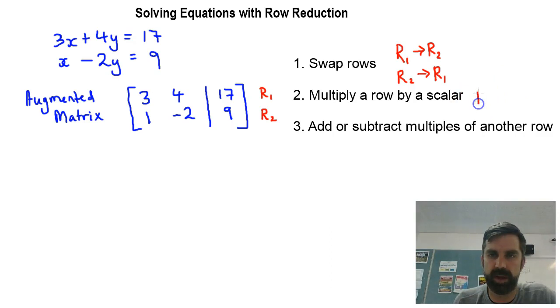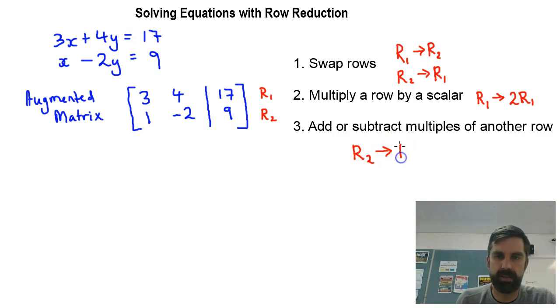If we wanted to multiply row 1 by a value, we would write row 1 becomes, let's say, 2 row 1, and then we would change row 1 so that every number was double. And the final thing we can do is add or subtract multiples of another row. We could take row 2 and say that it becomes row 2 plus 2 lots of row 1. That's how we would write it. So those are the three different things that we can do.